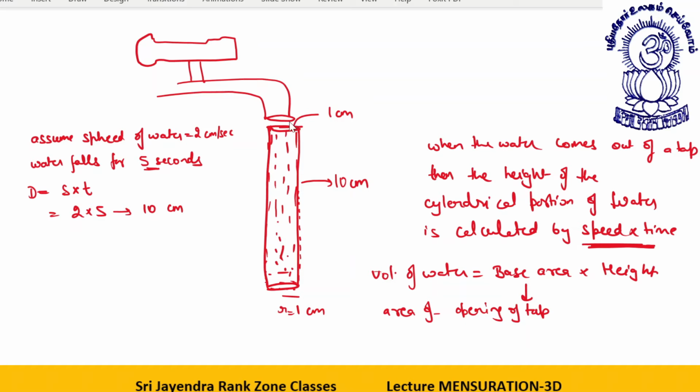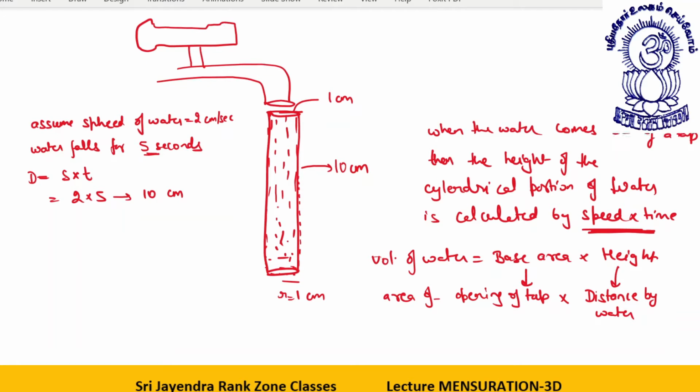This tap has some opening. So area of opening of tap into height. How do you calculate the height? Height is calculated by speed into time. This height is actually the distance by water.